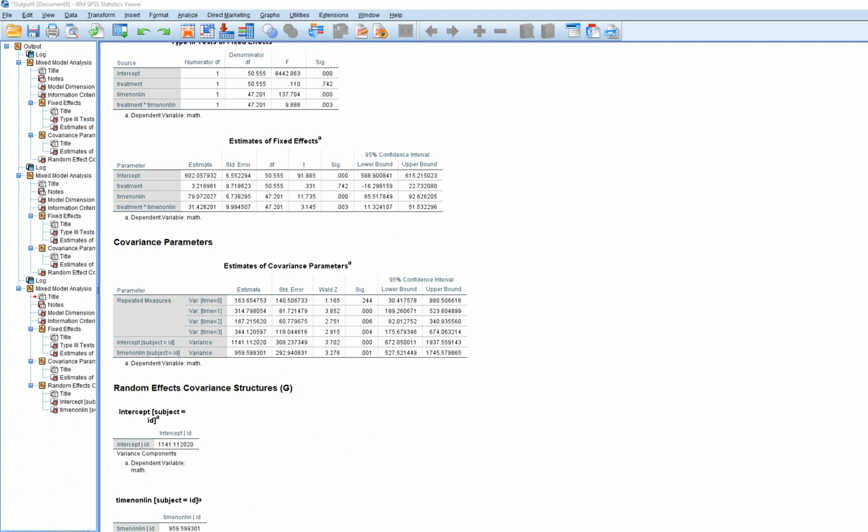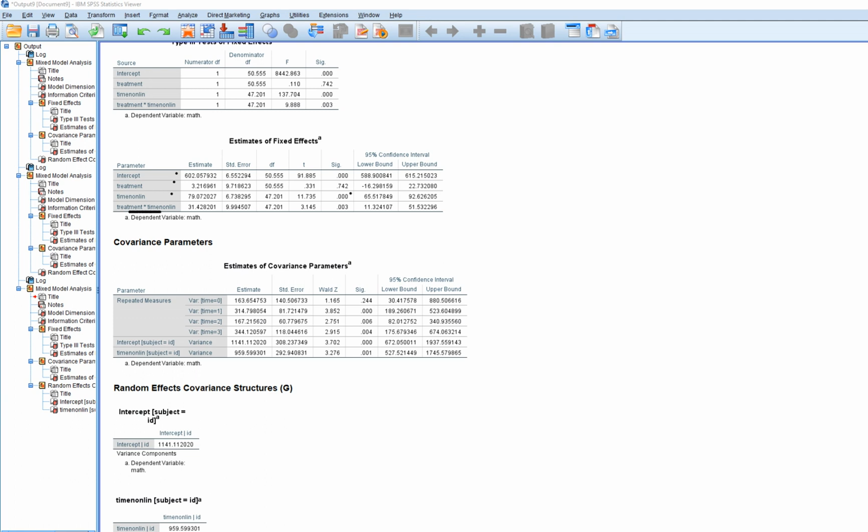When we look at our fixed effects, we have the intercept, which would be the control group mean at the initial status. Then the treatment variable would be the difference between the groups at the initial status. And then the alternate coding of our time variable was statistically significant.